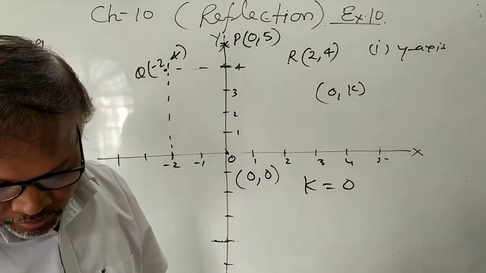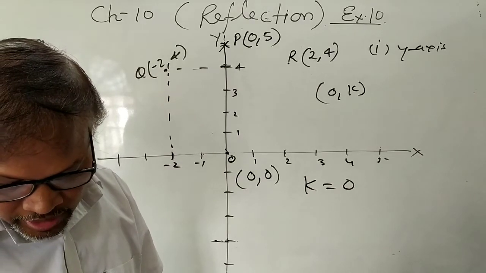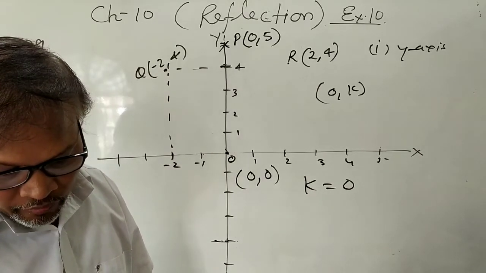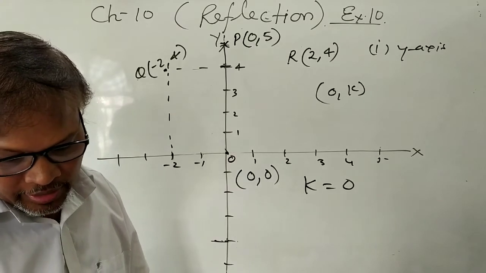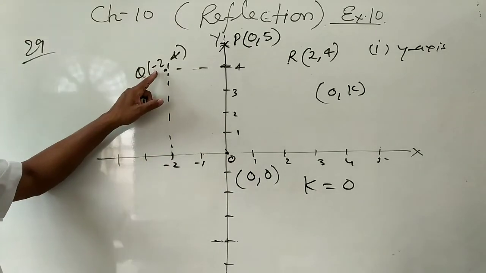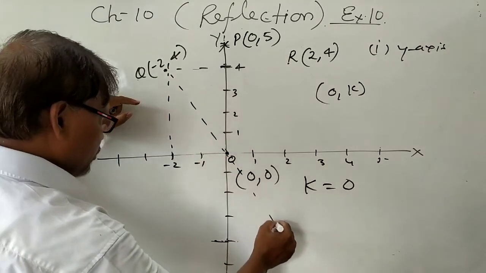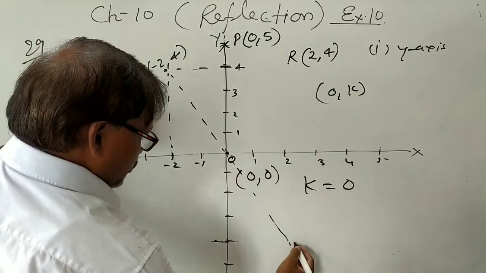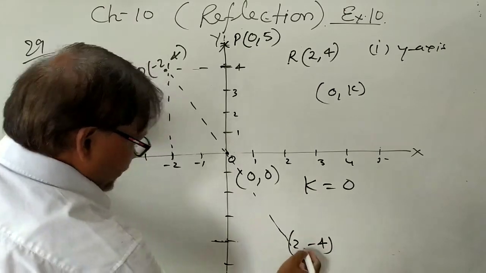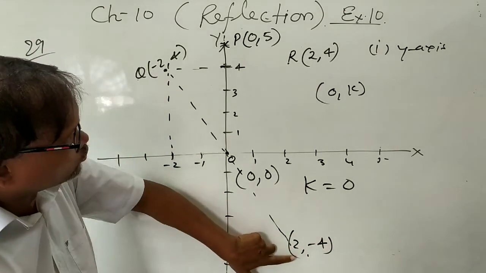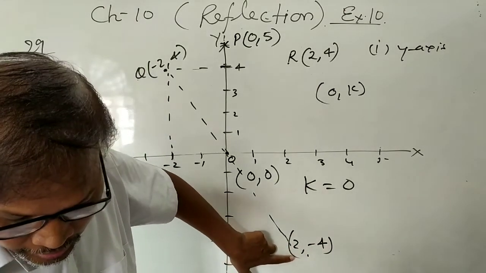Write the coordinates of image Q obtained by reflecting it in the origin, followed by reflection in x-axis. ये Q है, इसको पहले origin पे reflect करें, तो you will get the reflection on the origin, that is 2, -4, and followed by reflection through the x-axis.